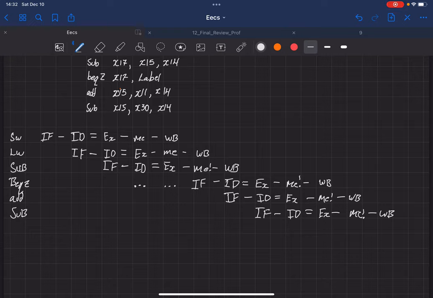No. The reason for this is that every single instruction has an instruction fetch, and since it has an instruction fetch, it will always at some point in time be required to go to the memory. And if it's during the time that another instruction is using the memory, then it just can't happen. So yeah.